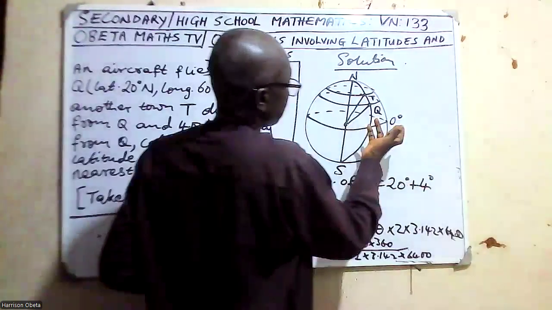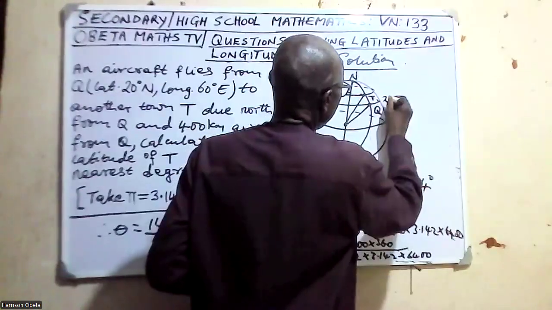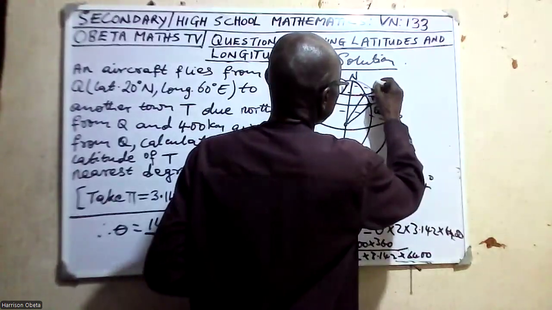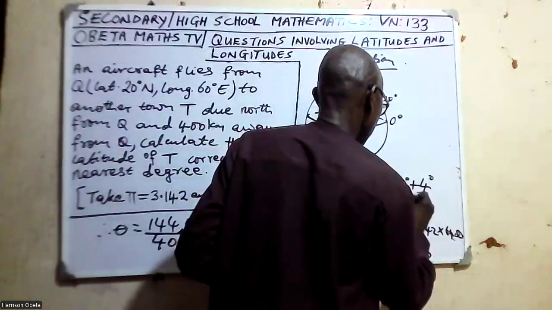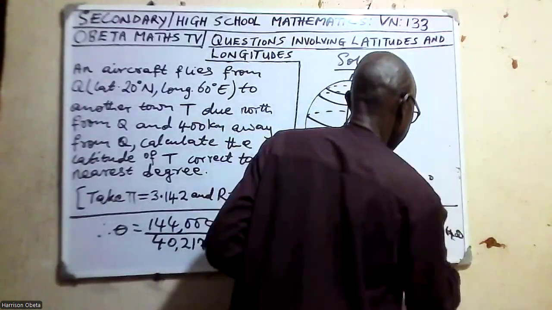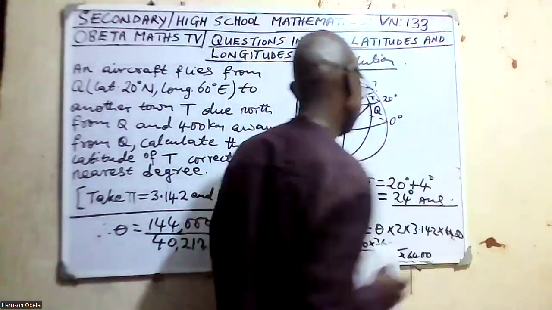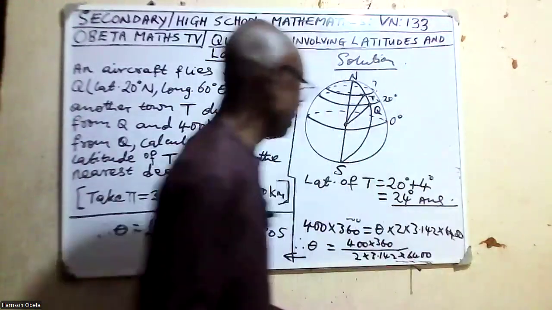That is adding the 4 to the 20 degrees we have here. That will give you the latitude of this. And that is equal to 24 degrees as our final answer. So that is all about this.